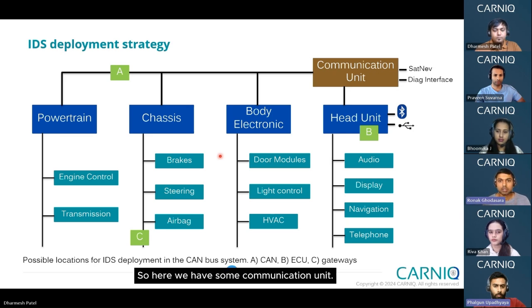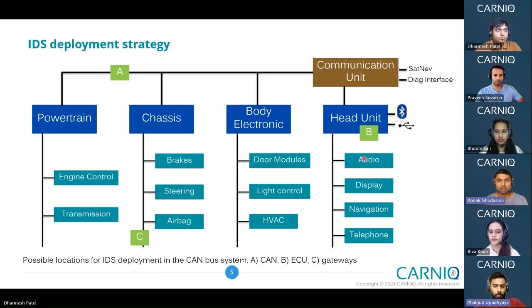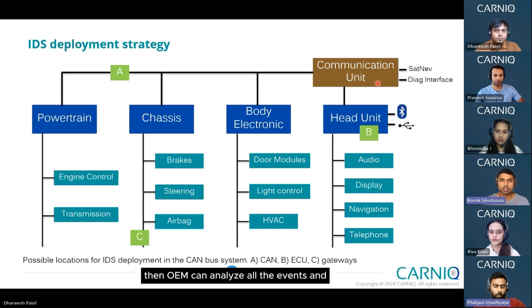Here we have a communication unit that communicates with the OEM backend or internet. It will report all the IDS events to the security backend, where the OEM can analyze all the events and take the necessary actions.